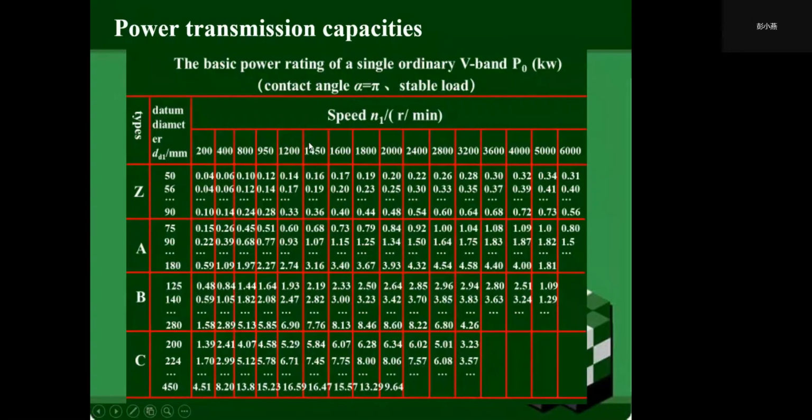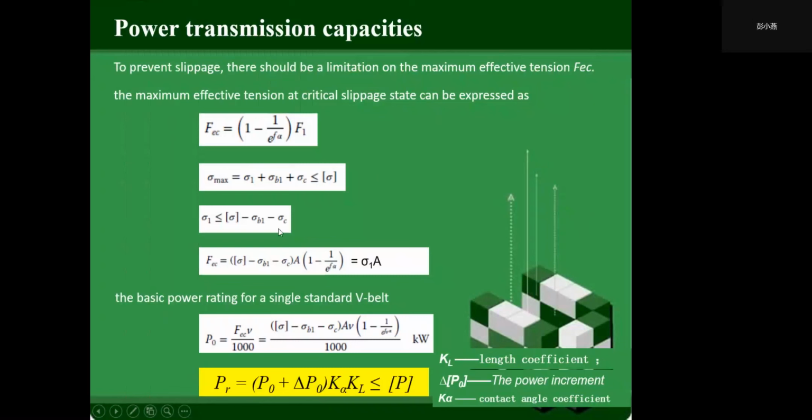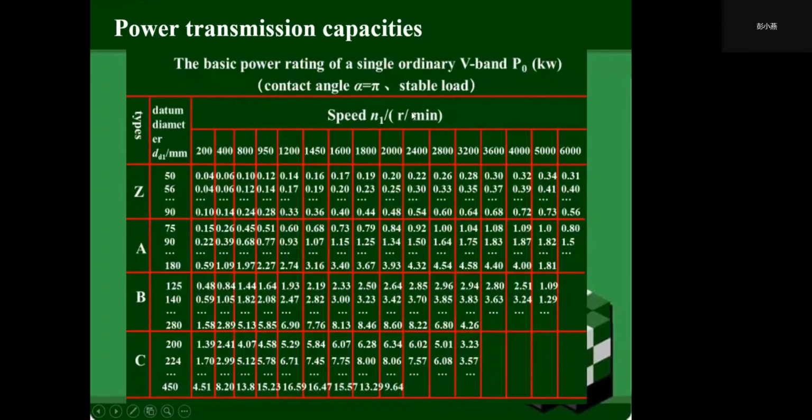And this table lists the P0, the basic power, and this is the type of V belt, and this is the datum diameter DD1 for the driving pulley.